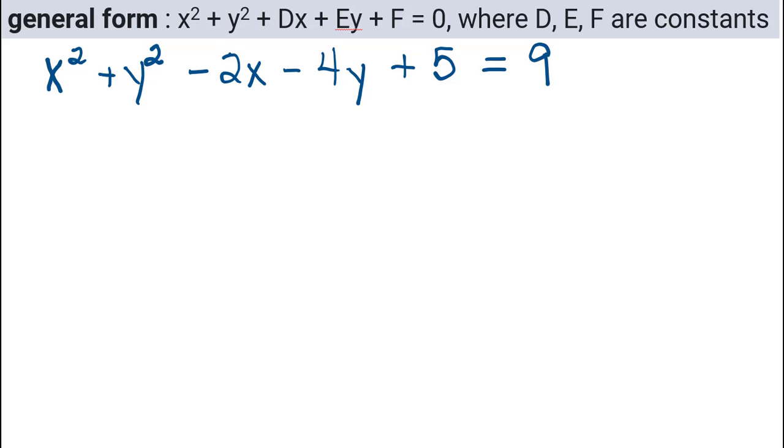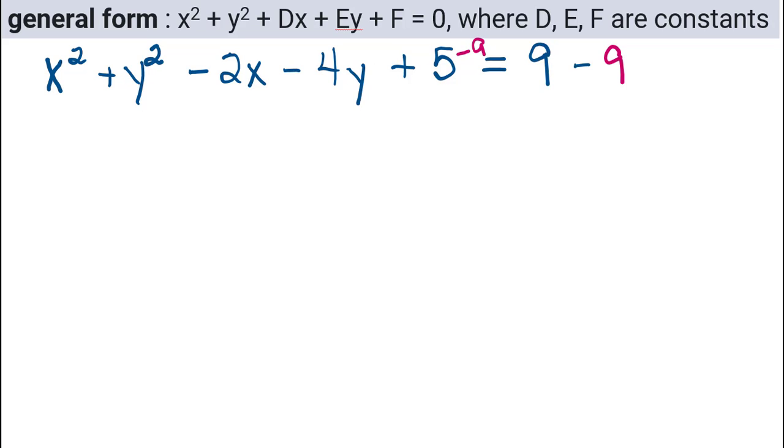Now, if you look at that equation, it's not quite in general form. We need to subtract 9 from both sides so that we have 0 on the right. So let's start by subtracting 9 from the right, and I'm going to subtract it from the left as well.